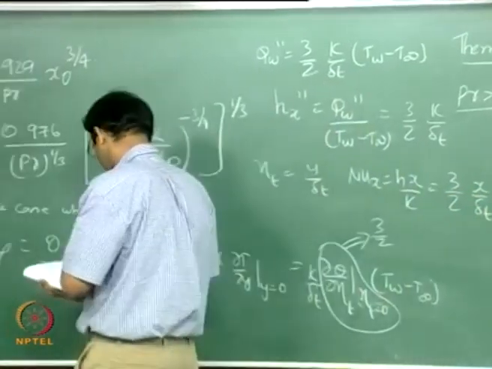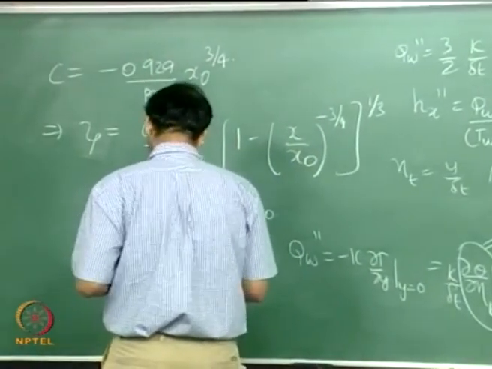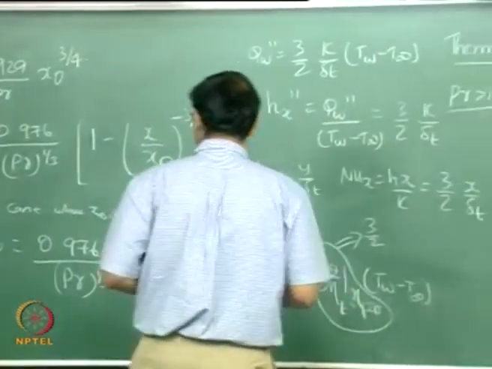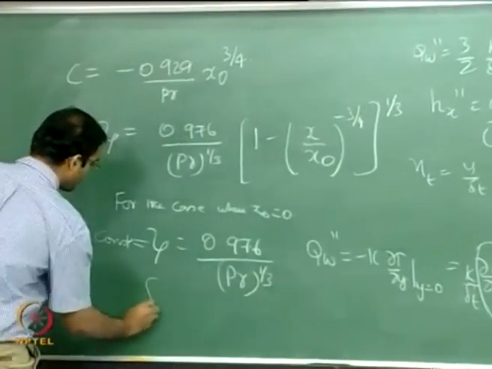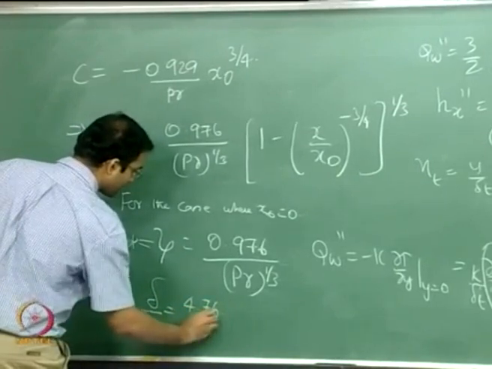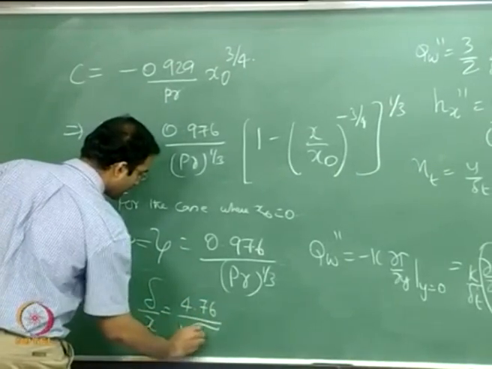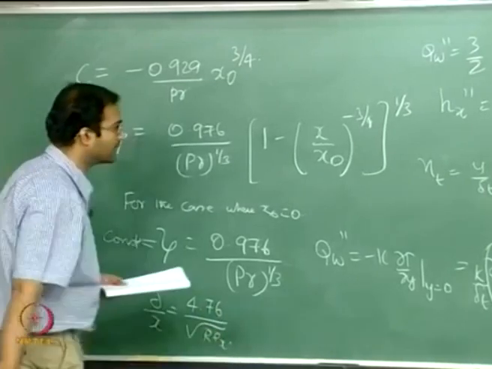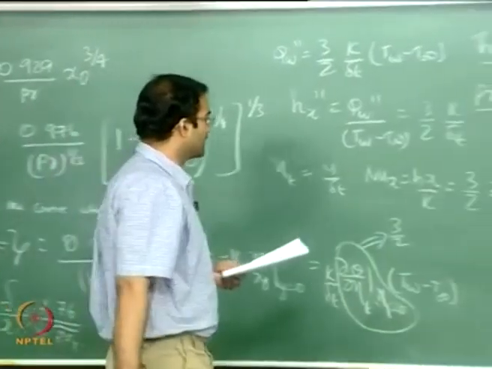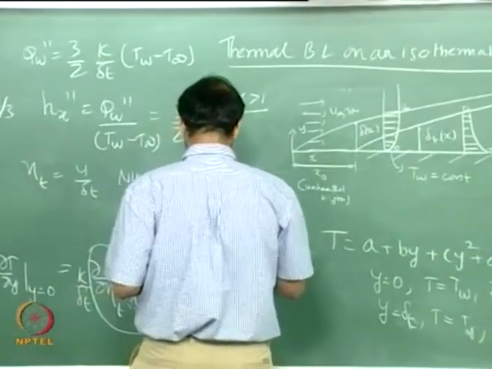Finally, you can substitute the expression for delta t and delta. Already you know that delta by x is equal to 4.76 by square root of Reynolds number, and delta t by delta is the ratio.